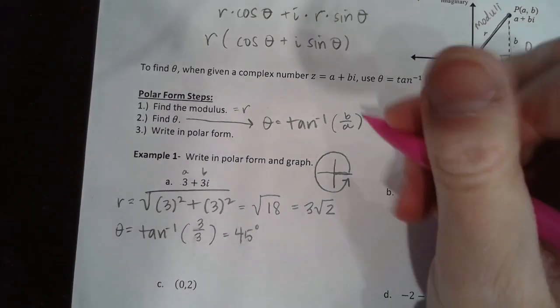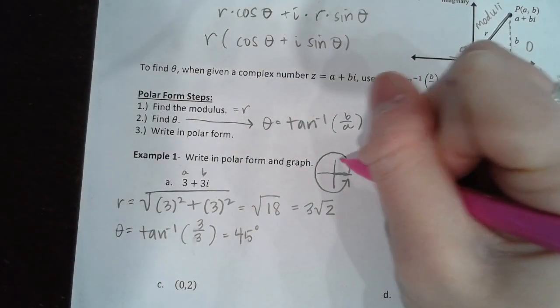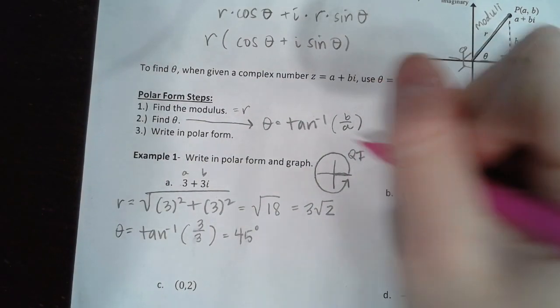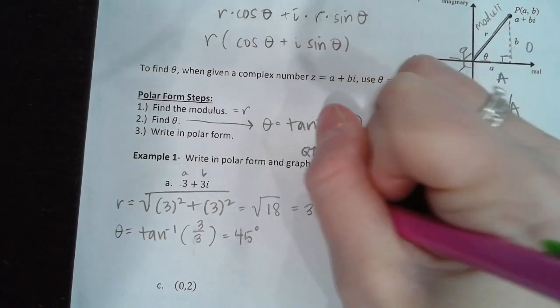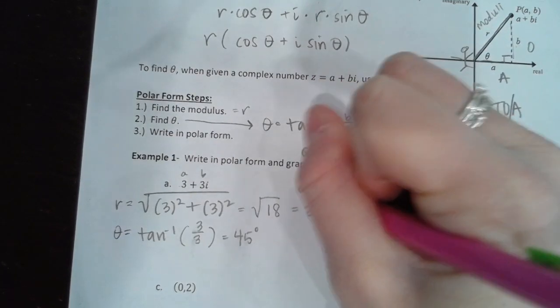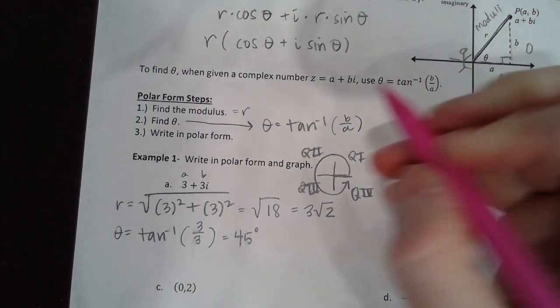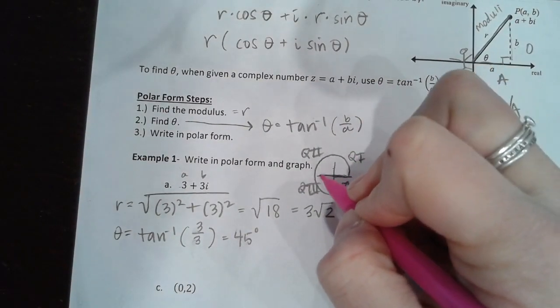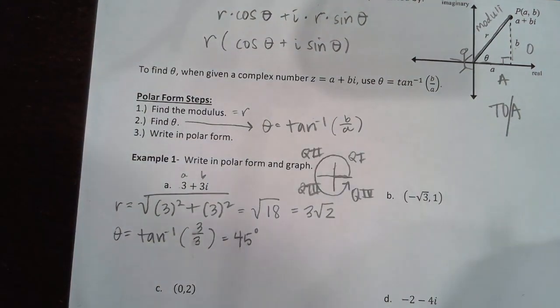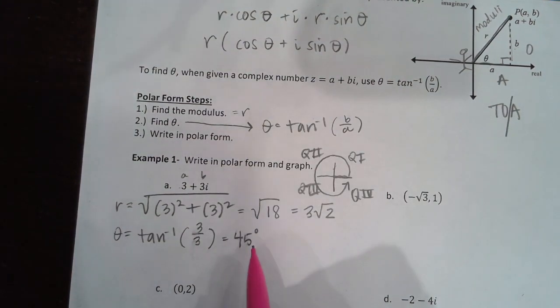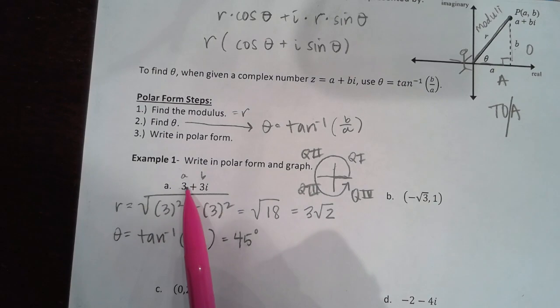So remember, this is quadrant 1, this is quadrant 2, this is quadrant 3, and this is quadrant 4. So each one of these quadrants is worth 90 degrees.